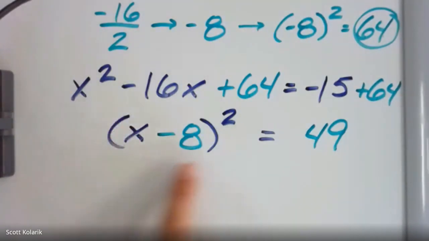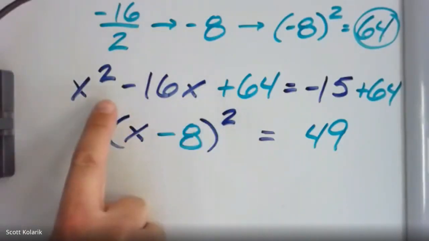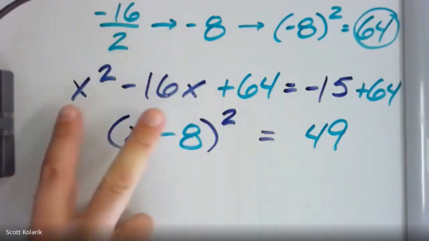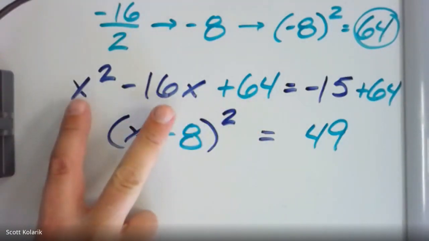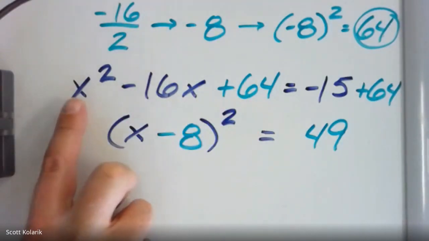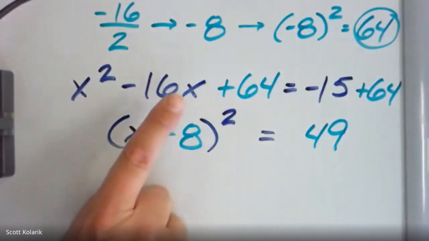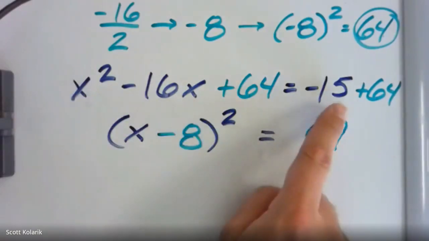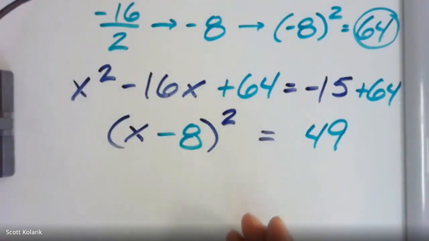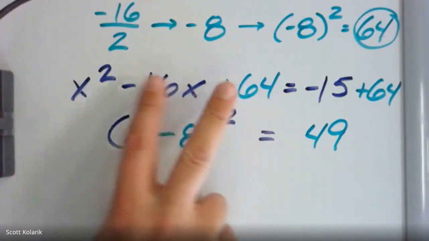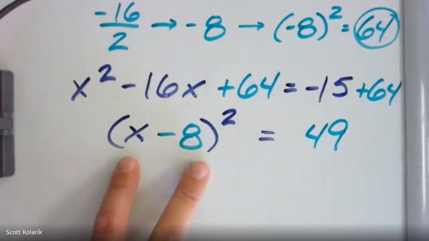And the reason why I needed it to look like this, as opposed to solving for it in this perfect square trinomial, is that these two guys can't combine together. And so even if I were to get the x squared by itself, there would still be an x on the other side of the equation. Even if I were to get that x by itself, there'd be an x squared over on that side of the equation. So there's no way to get x completely by itself equal to a number as this is. That's why we factor it into its perfect square.